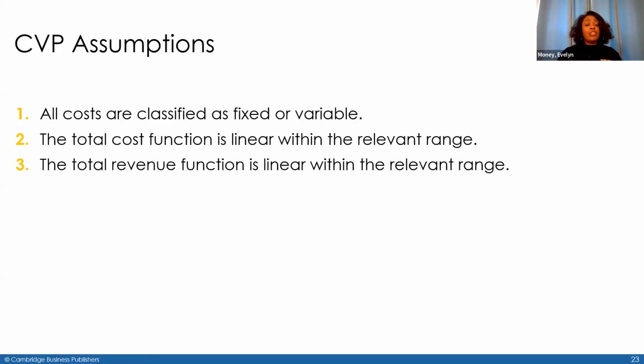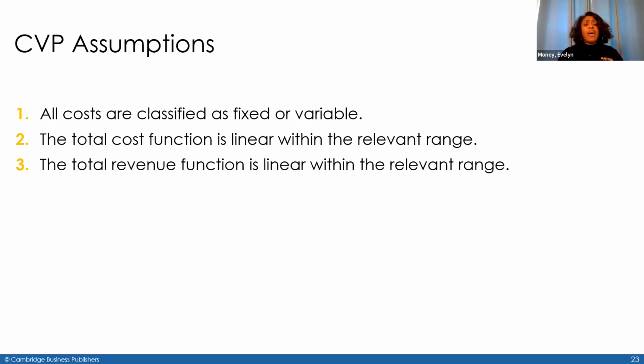We are also assuming that there is a cost function that has a true relationship between the level of activity and the actual cost. In other words, we're operating within that relevant range. And when I say a variable cost is truly variable, there's also a direct relationship with the level of activity. In other words, as we sell more units, it makes that cost go up.